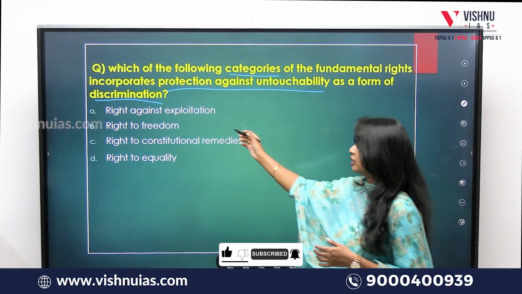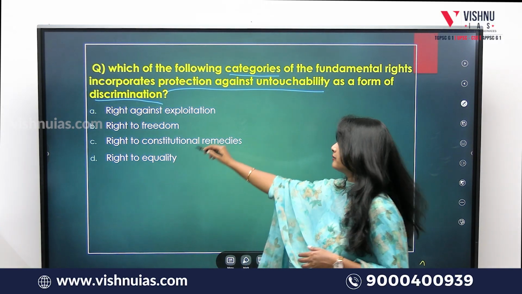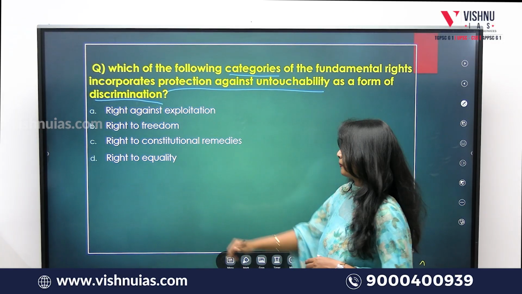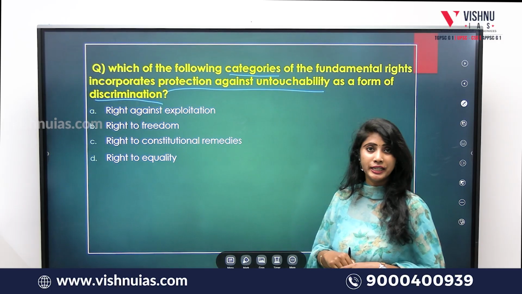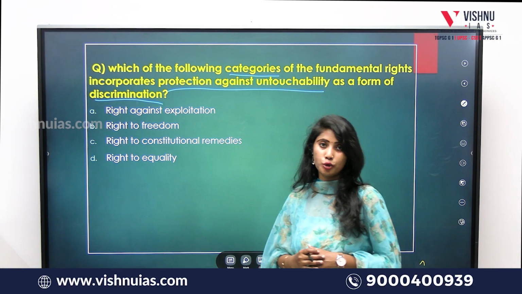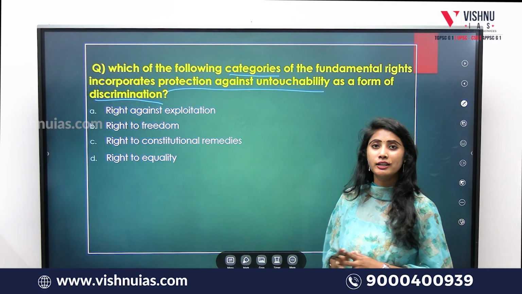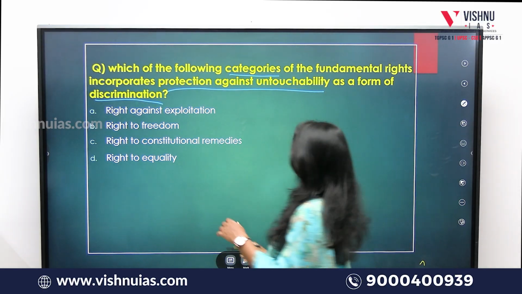The options given are right against exploitation, right to freedom, right to constitutional remedies, and right to equality. Now let's see the explanation and thereafter you'll get clarity on what the answer is.